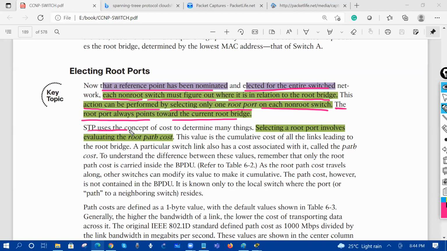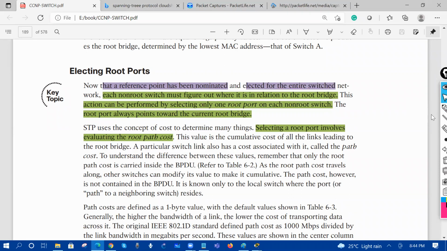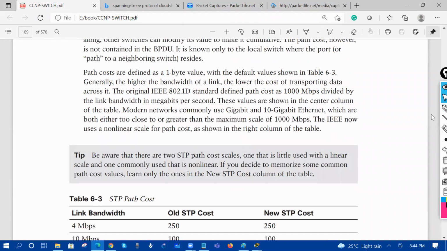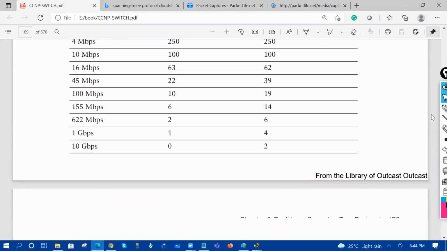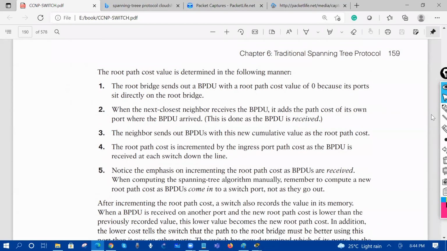STP uses the concept of cost to determine many things. Selecting a root port involves evaluating the root path cost. So the lower cost to reach the root bridge will become the RP port.